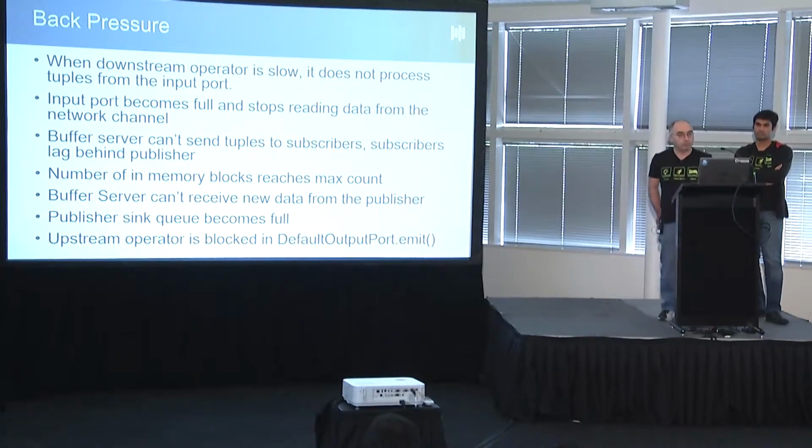This is the way backpressure works in Apex. It's pretty much backed up by the buffer server functionality. When a downstream operator slows, it doesn't process data from its input port, meaning the queue of the input port itself becomes full, and the input port stops consuming data from the network channel.